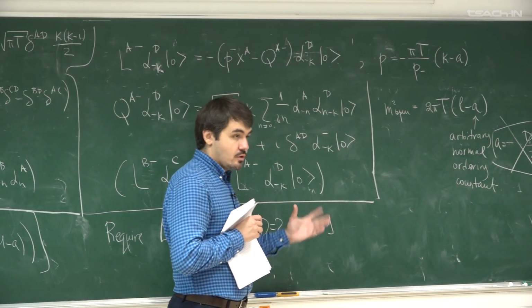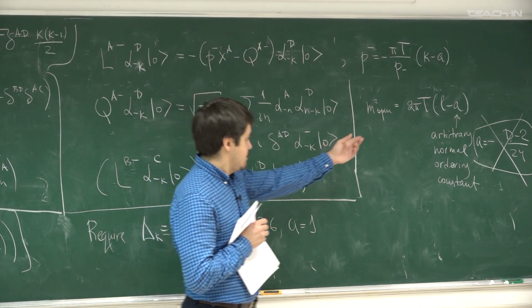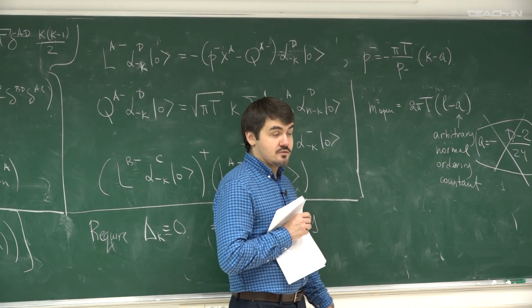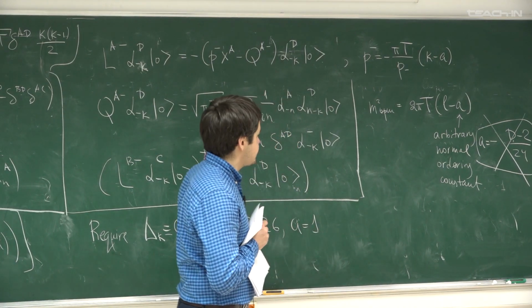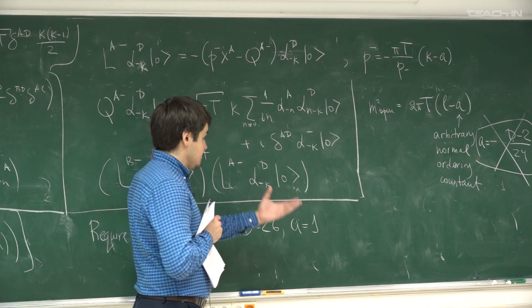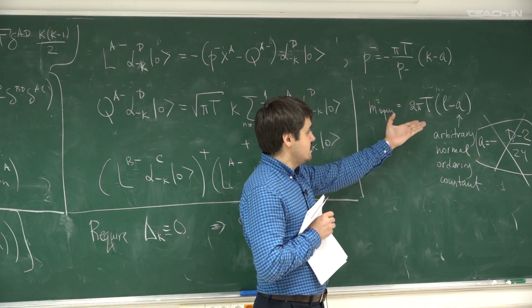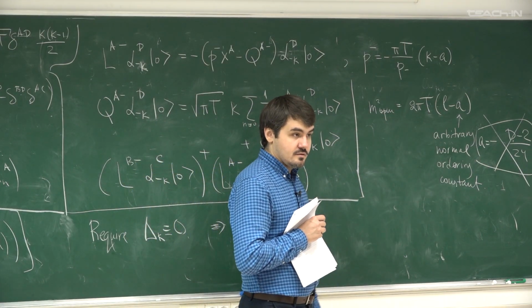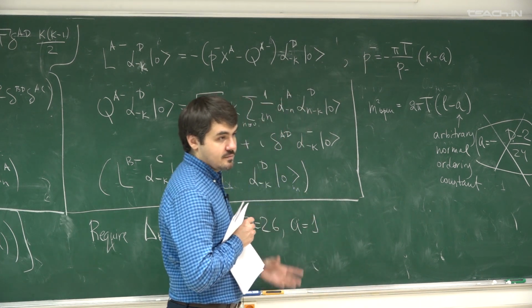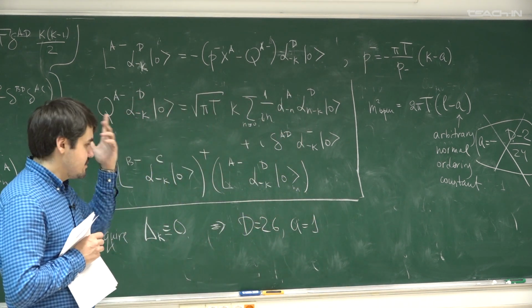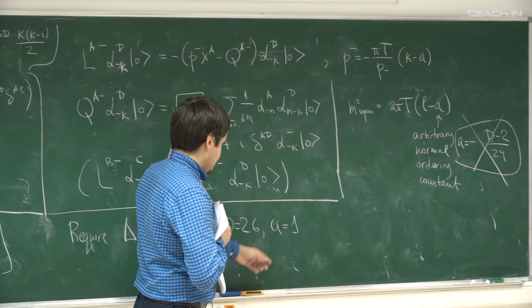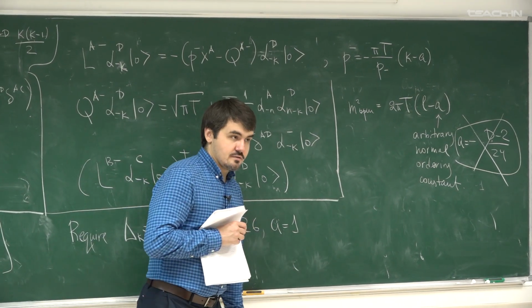So A equal to 1 is important because it enters the mass formula for the mass of our states. So next time we'll discuss that this actually naturally has Regge trajectories in this formula, right? Same that we discussed in the Veneziano amplitude first time. And this A is related to the intercept of the Regge trajectory.